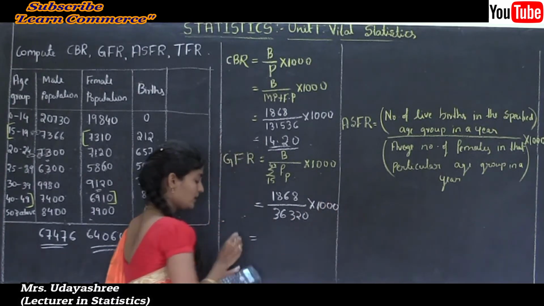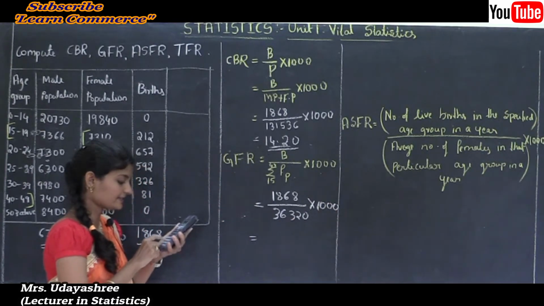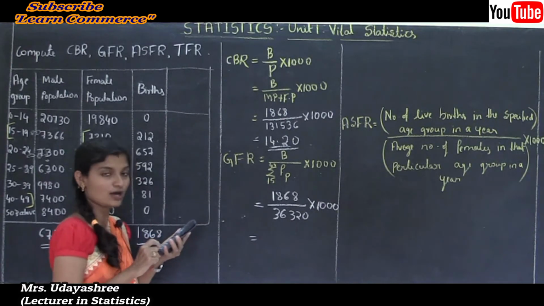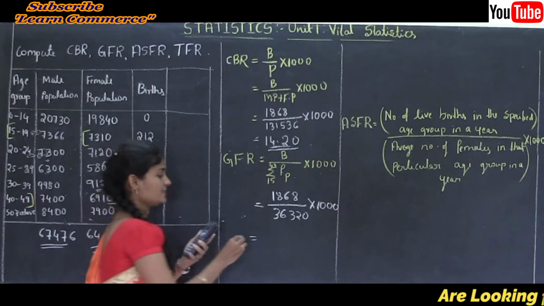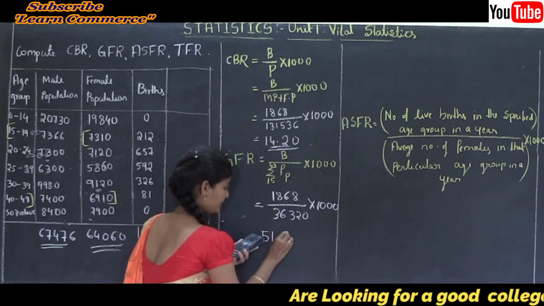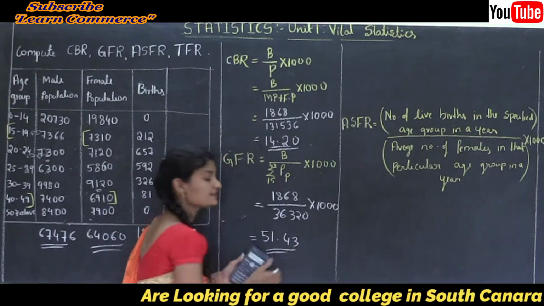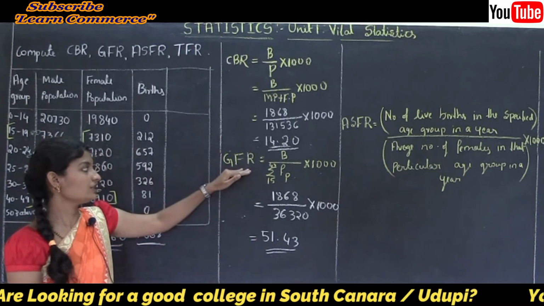This is equal to 1,868 divided by 36,320 into 1000, that is 51.43. This is the calculated answer of general fertility rate.